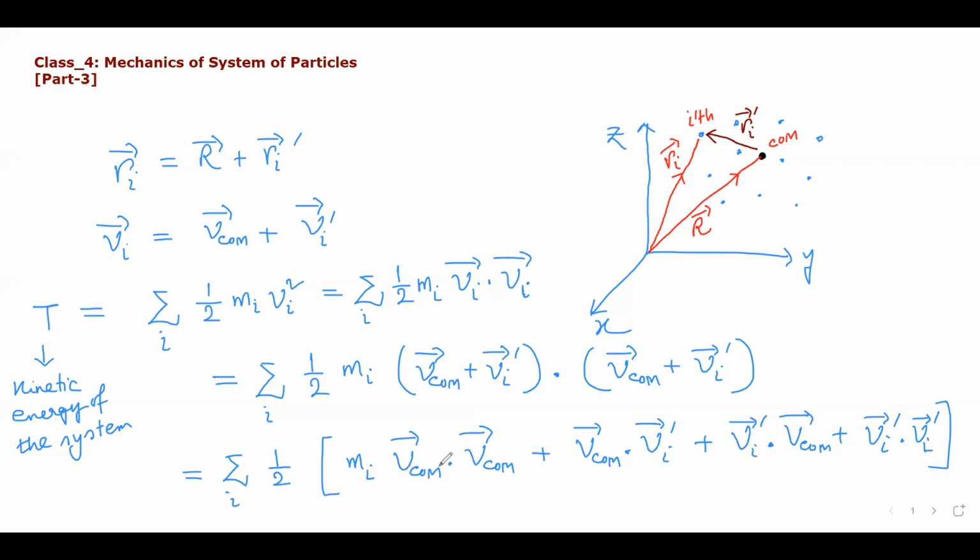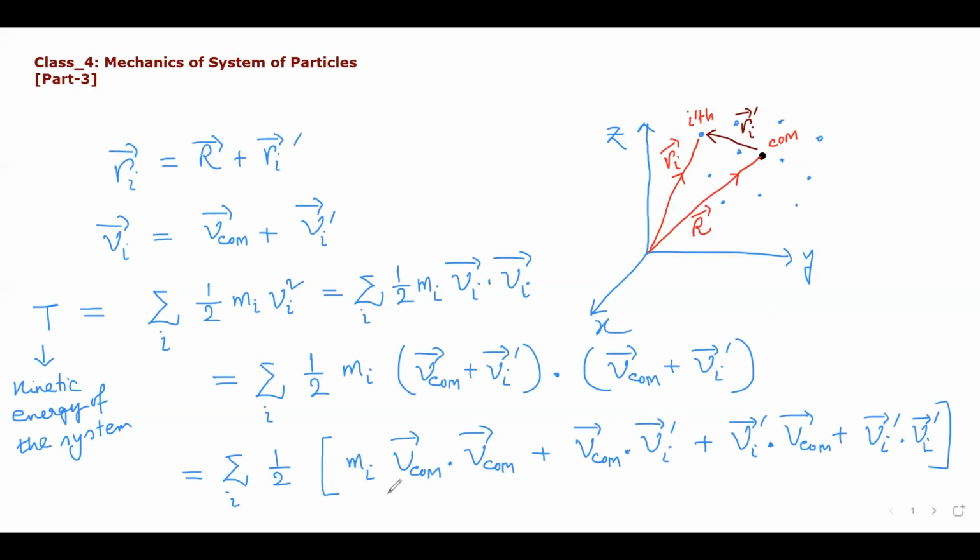That means it has no i index in there, so it will come out of the summation, and then it will be just the sum over mi, and the sum over mi means capital M, that is the total mass of the system. Then this term will be multiplied with the half factor. This will be half M VCOM square, plus the next term.